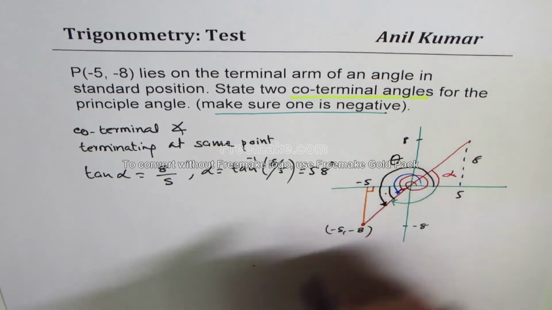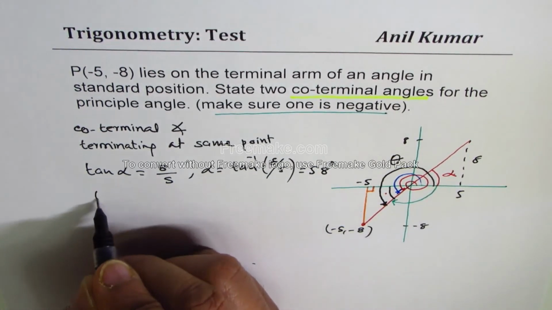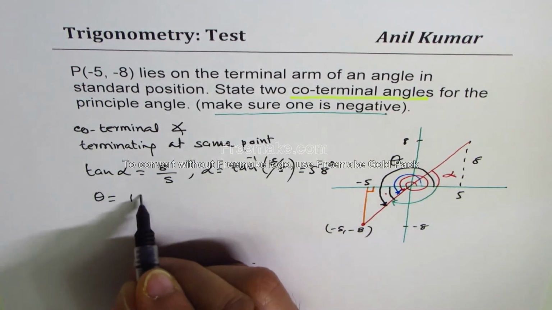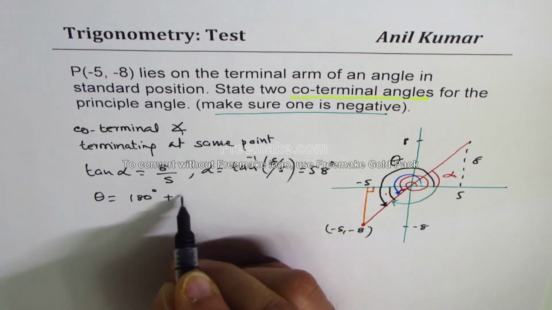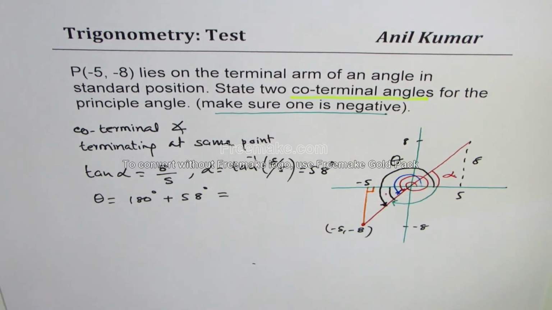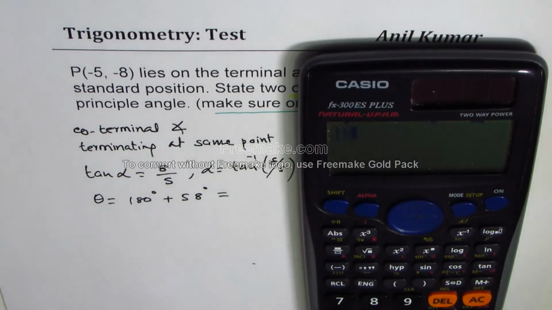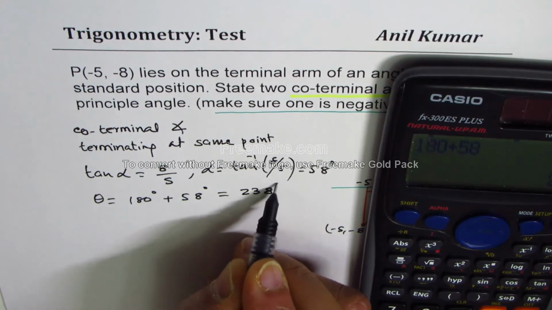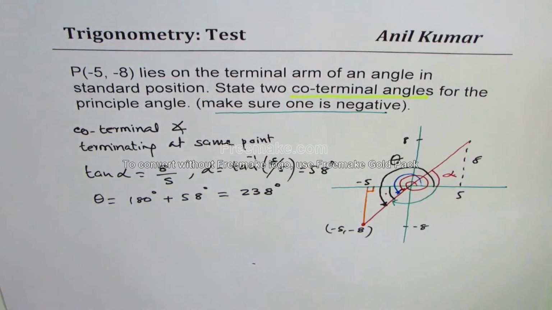We'll call this angle theta. Is it okay? So theta is equal to 180 degrees plus 58 degrees. So let's calculate this. 180 plus 58 equals 238. So that becomes one of these angles.